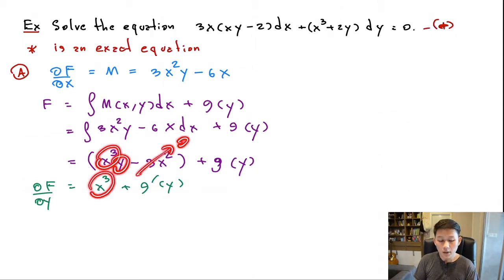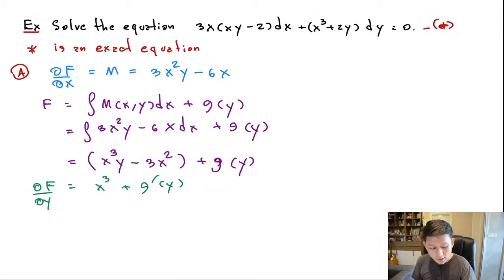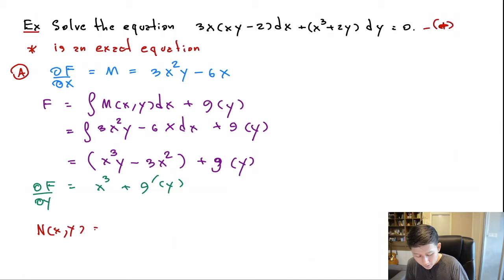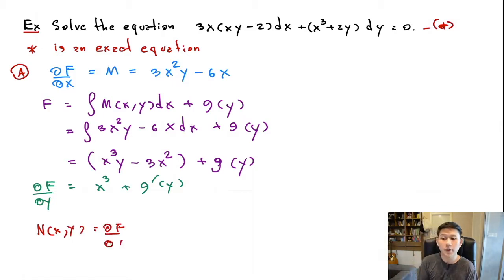Because we know that it's an exact equation, we know that N(x, y) is df/dy. But N(x, y) is what? N(x, y) is x cubed plus 2y.